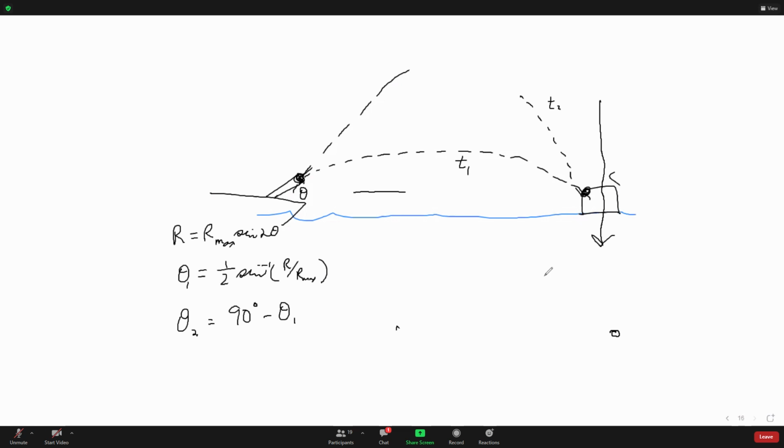Let's look at artillery on a cliff. Here's my cliff. And I fire from this position right here with an initial velocity and an angle theta with respect to the horizontal.